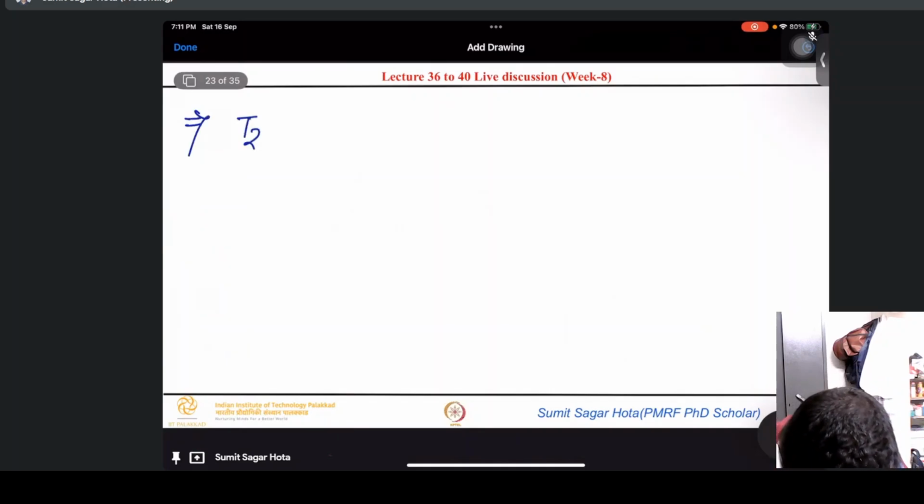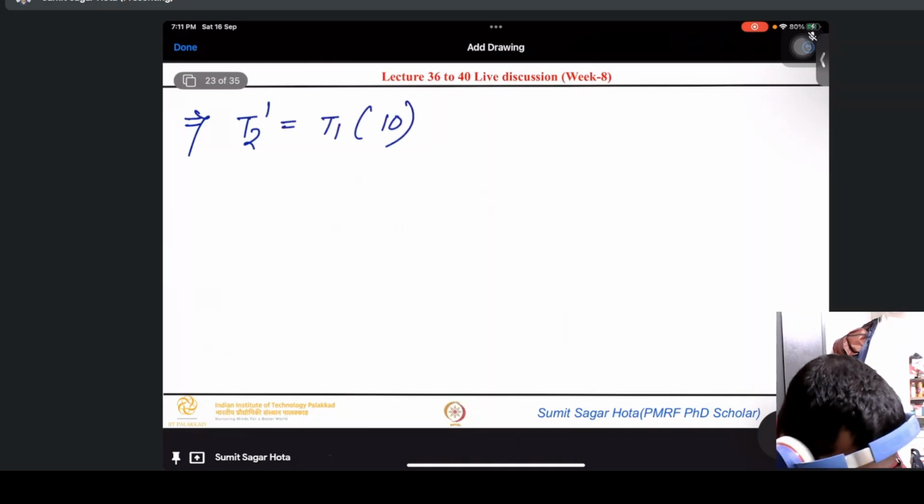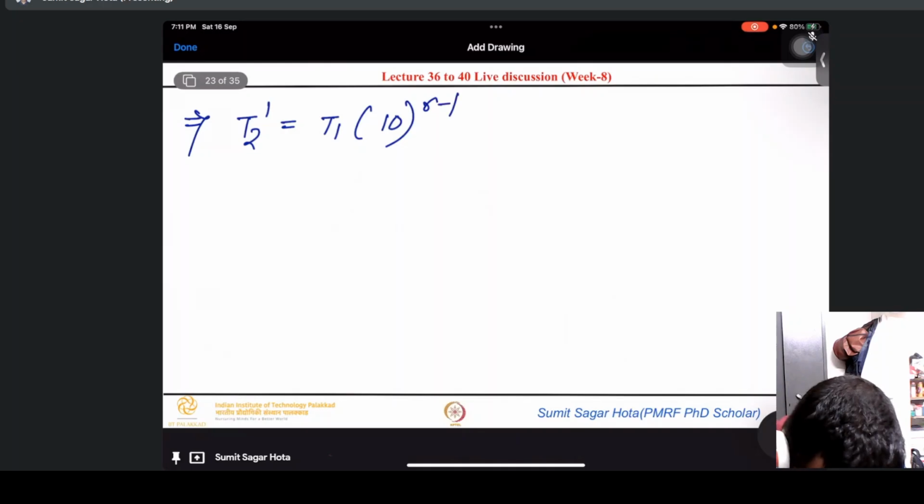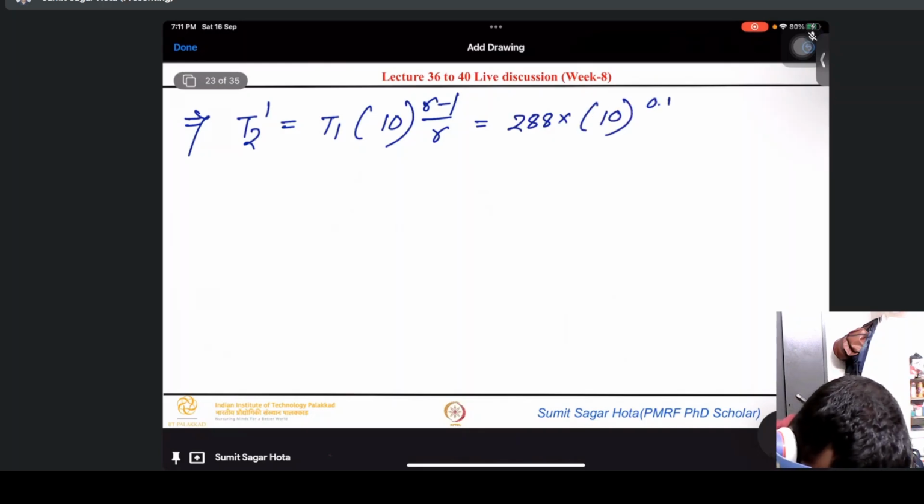So T2 dash is equal to T1 into 10 to the power gamma minus 1 by gamma, 288 into 10 to the power 0.4 by 1.4, which is 556.04 Kelvin.